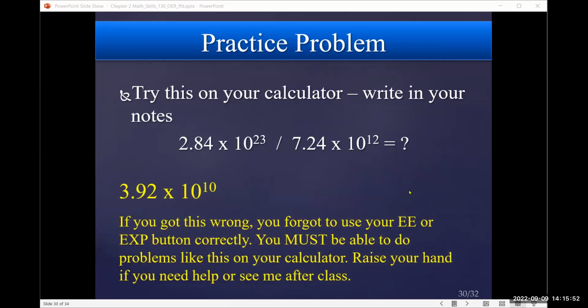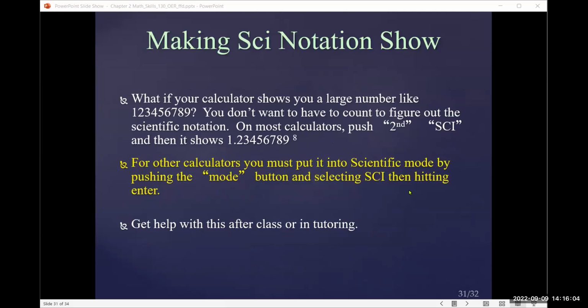And that is our answer. So try that on your calculator and see if you come up with that same number. If you're having challenges figuring out how to use scientific notation on your calculator, shoot me an email and a picture of the calculator, and we'll go through it.